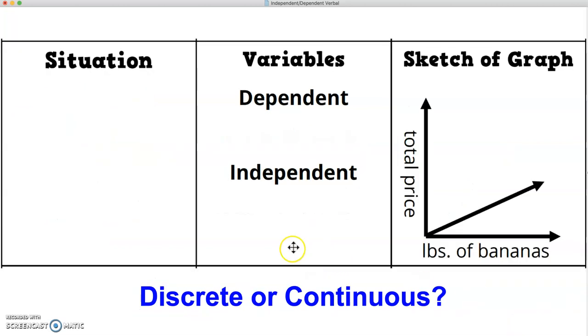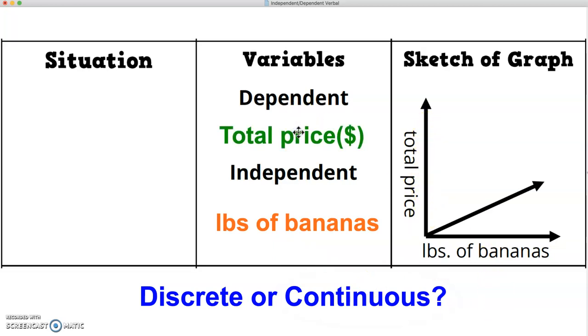Next, notice we're not given the situation or the variables, but we are given a sketch of the graph. From that, we can identify what our independent and dependent variables are, because our independent variable should always be the x-axis. That's going to be the number of pounds of bananas. And then we have our total price, which should be the dependent variable.